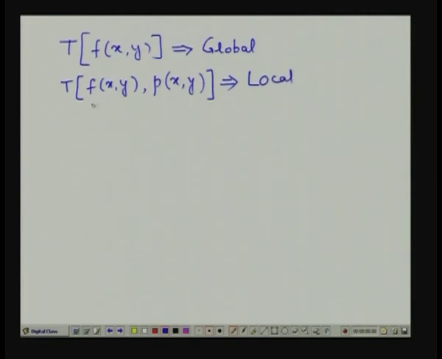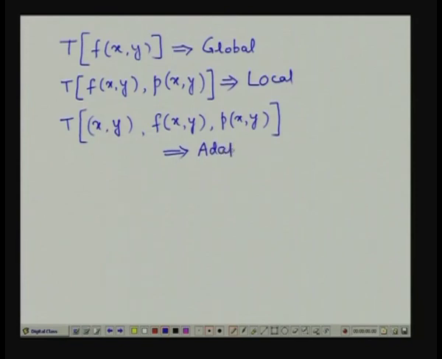And if in addition to all this, t is also a function of the location of the pixel, that is, in the more general case, if t is a function of x y, f x y as well as p x y, then we say that this threshold t is an adaptive or dynamic threshold.